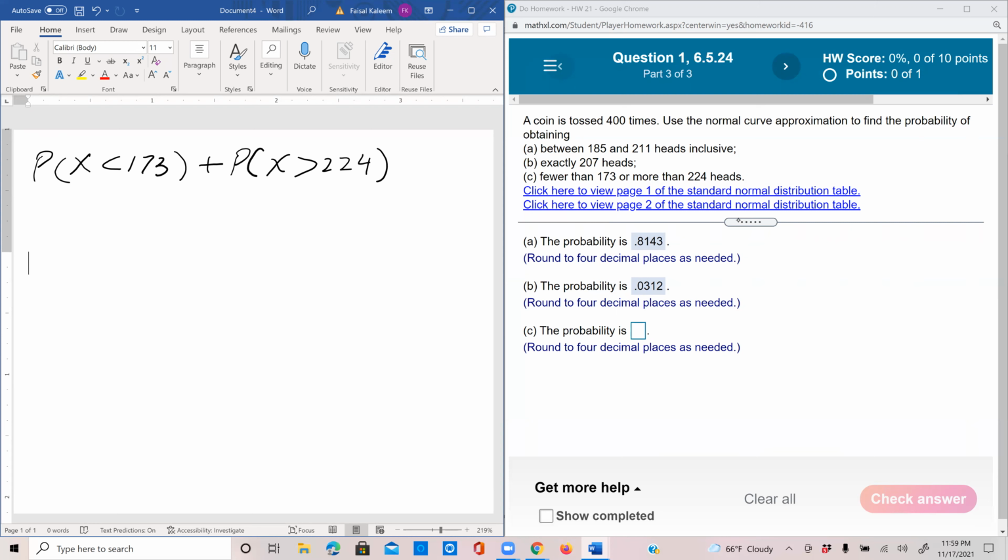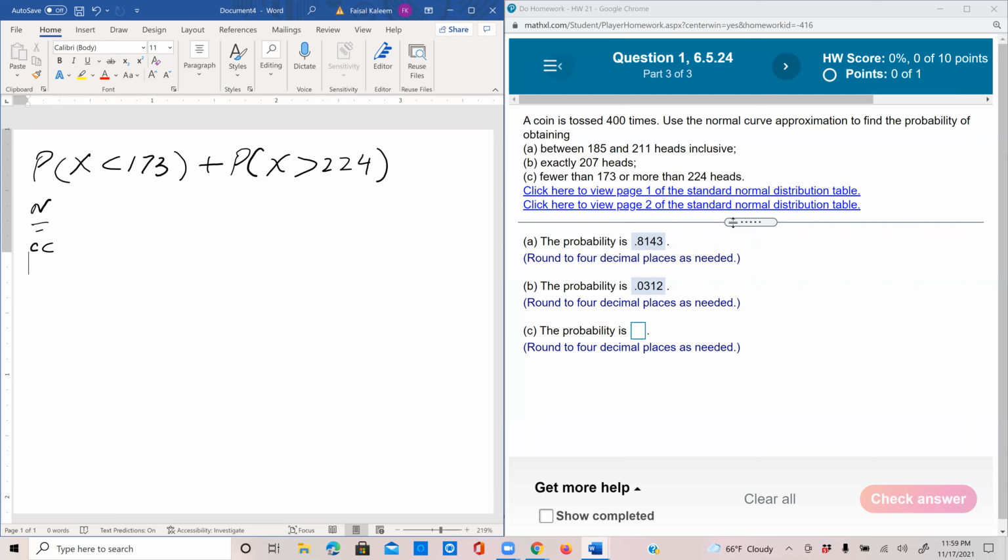Now my continuity correction: when we change it to normal and apply the continuity correction, less than 173 means less than or equal to 172 for a discrete variable.